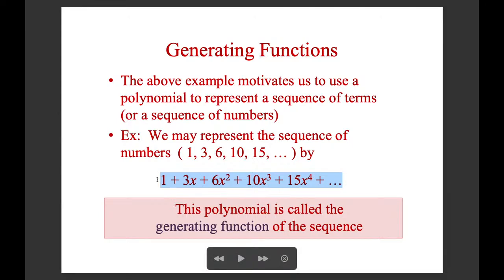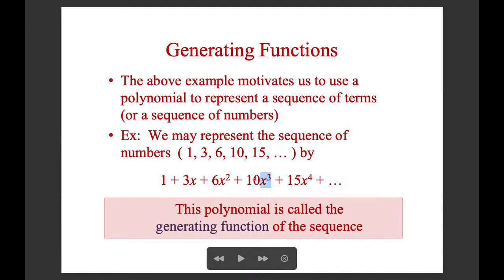When we list out this polynomial, what we really hope is to represent this sequence of numbers 1, 3, 6, 10, and 15. What we care about here is which number is at the ith location. We don't care about the x here and the x squared here. The x, the x squared, the x cubed, we just use to indicate which term we are talking about.